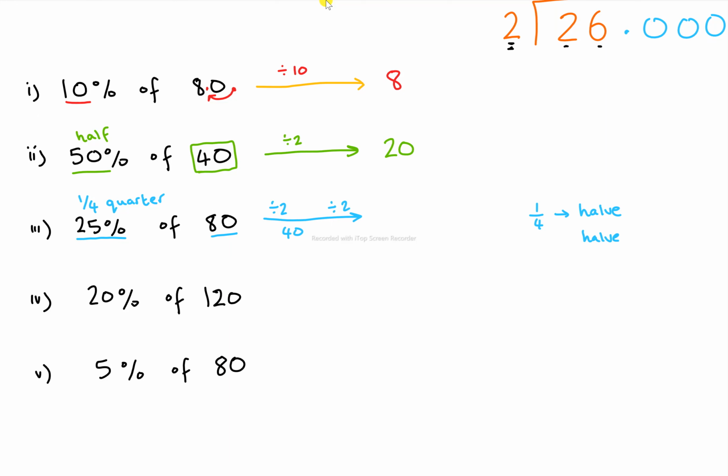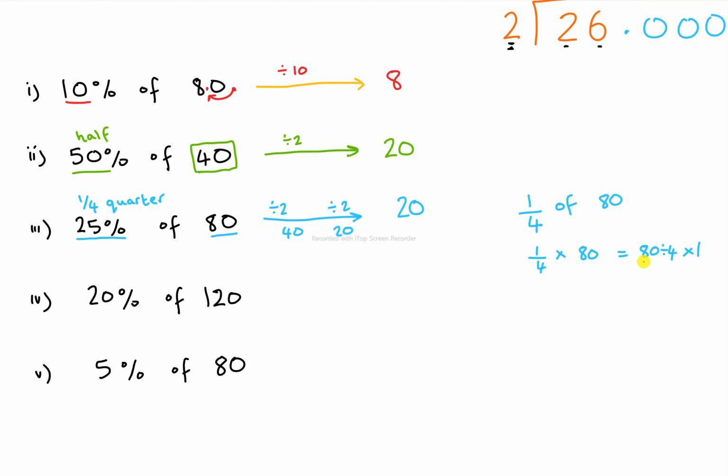And then I'm going to halve it again and I get 20. Now, look at this carefully. What some of you might do, for a quarter of 80, is 80 divided by 4 times 1. This is what I've seen some students do, which is fine. It'll give the same answer.